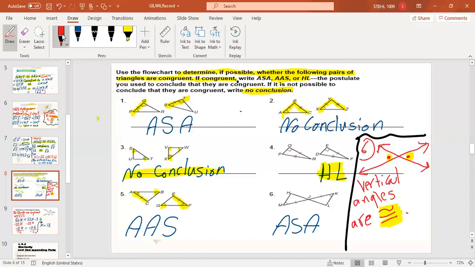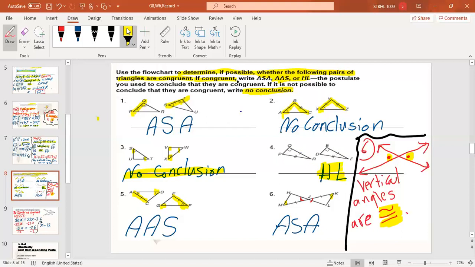Directly, these two angles are vertical, so they are equal in measure, which I ticked with red. And angle M is already given, congruent to angle K, and line segment MJ is congruent to line segment KJ.